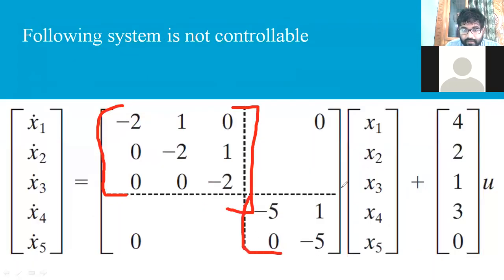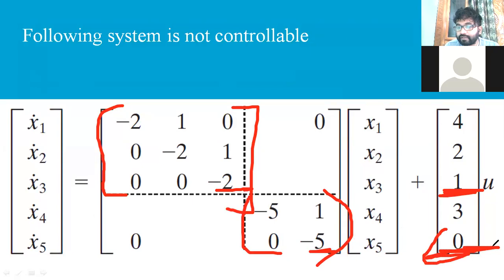Here you see the last row corresponding to the first repeated root is non-zero, but the last row corresponding to the second repeated root is 0. So hence the system is not controllable.